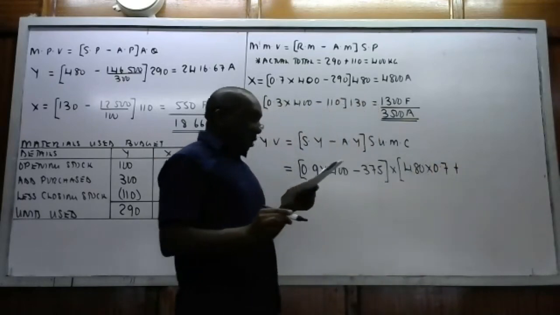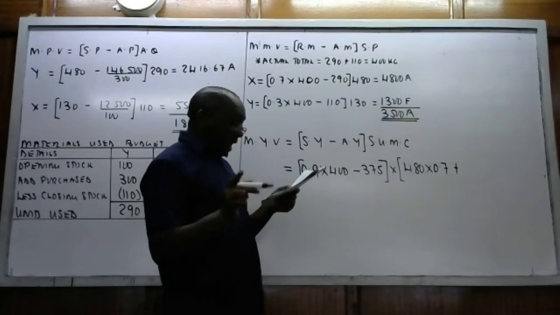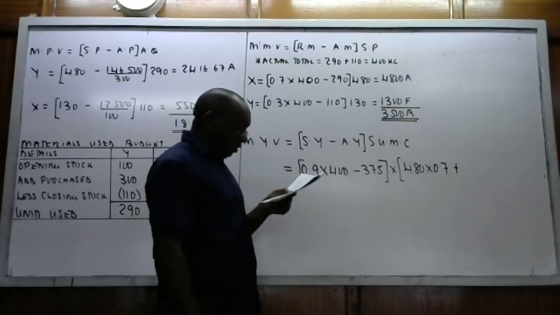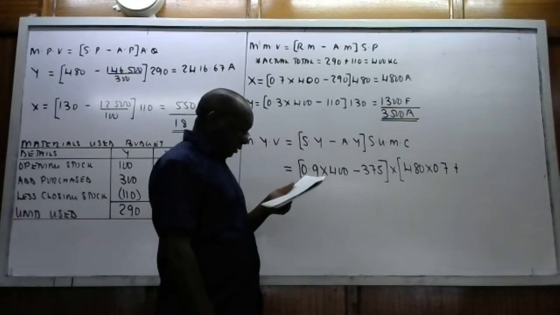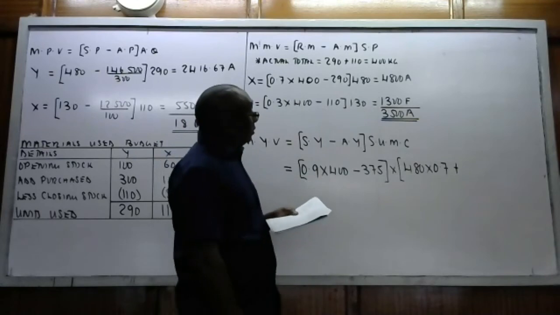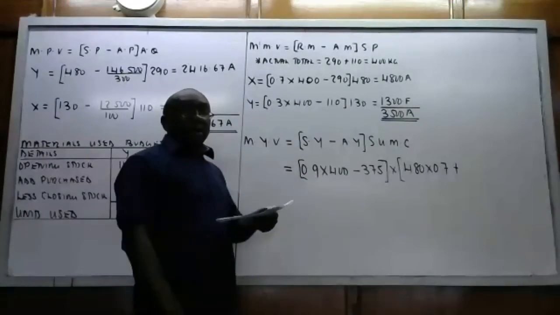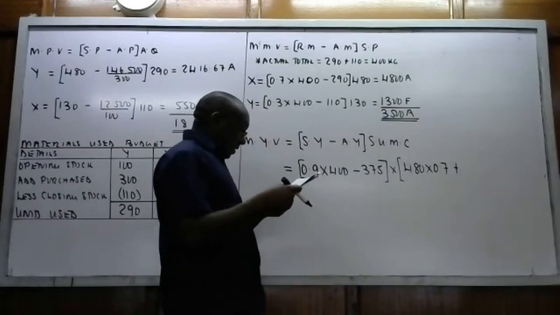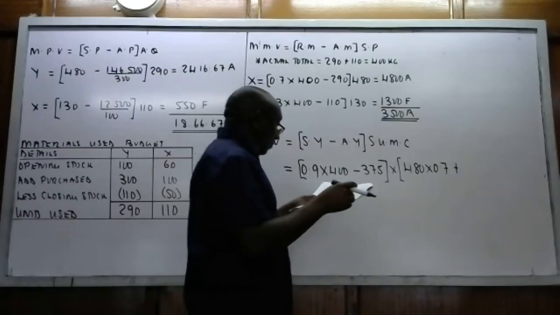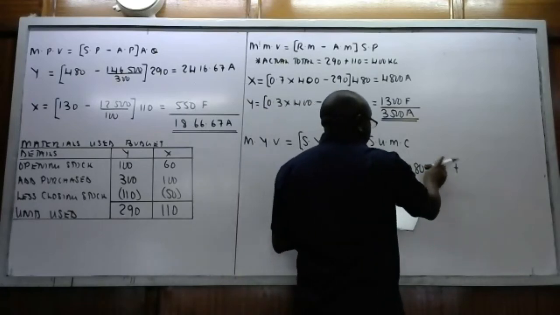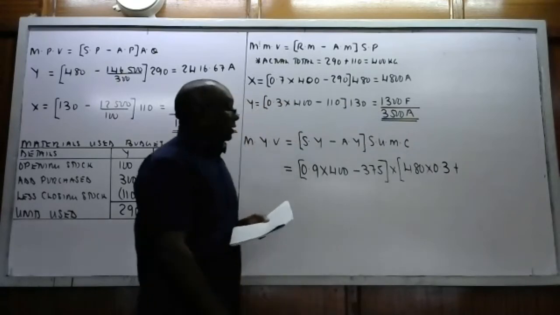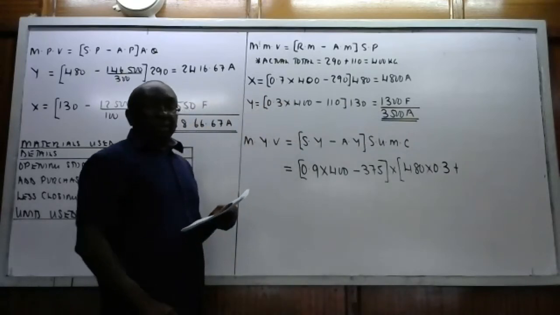Sorry, that was Y. Y is 70%, right? I hope I will not confuse these things. X is 480 and has 0.3. If I have confused you, you have gotten the concept.